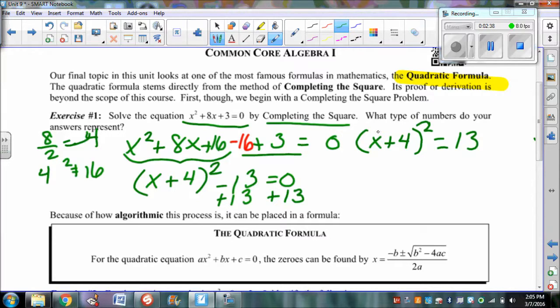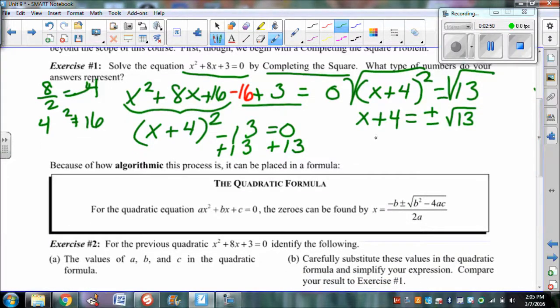Now let's undo. Now we can take the square root. x plus 4 equals plus or minus the square root of 13. The good thing about 13 is we can't simplify it. So now we're just going to subtract 4, and our answers are x equals negative 4 plus or minus the square root of 13.